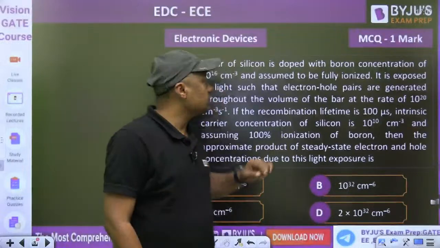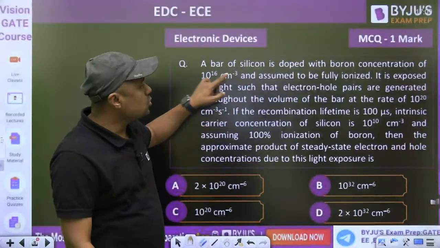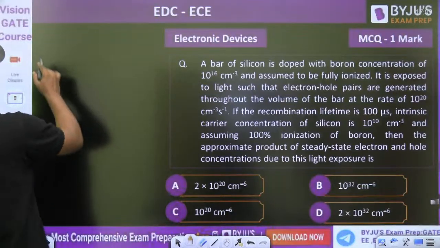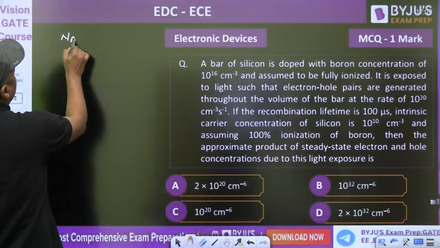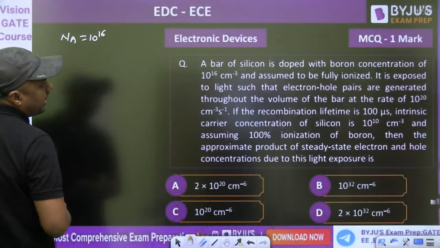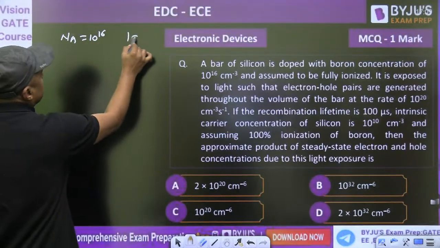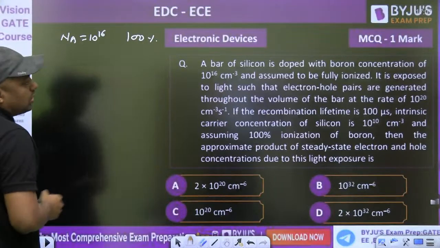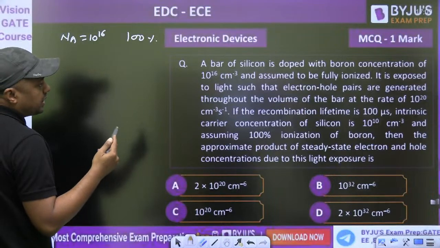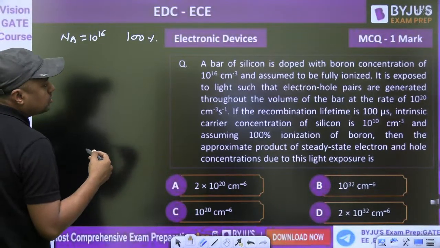Next one: a bar of silicon is doped with boron concentration of 10 to the power 16. Boron, remember, it is trivalent, Na is 10 to the power 16, assumed to be fully ionized, 100% ionization. Now it is exposed to light such that electron hole pairs are generated throughout the volume of the bar at the rate of 10 to the power 20.